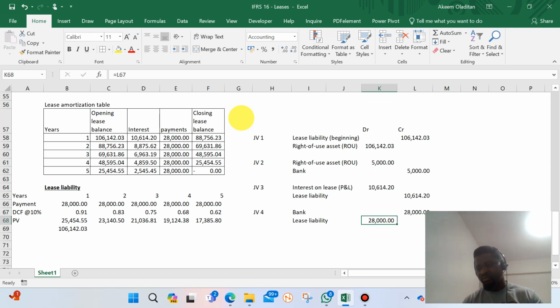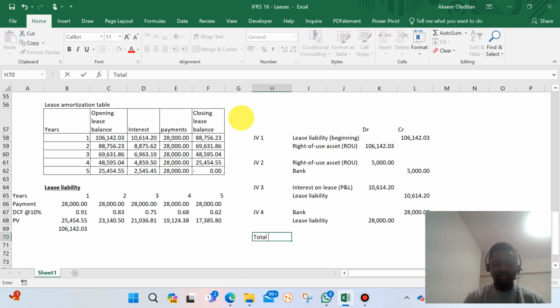Okay, it's not complete yet because this is the first year posting in the books, but there's still one more thing that we need to do, which is our total right of use ROU assets.